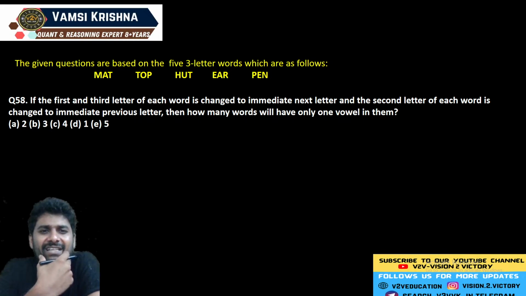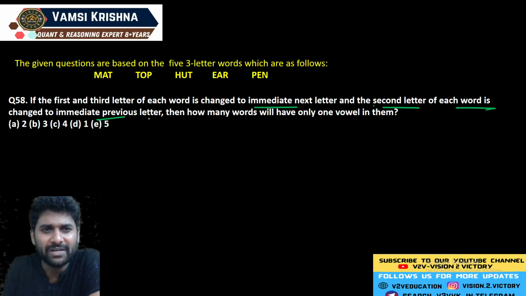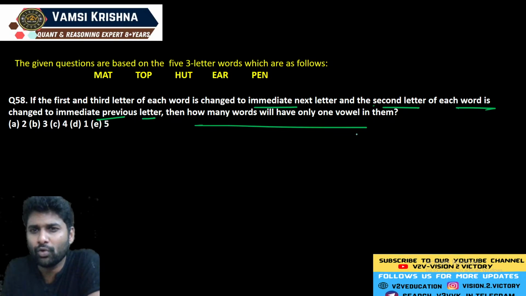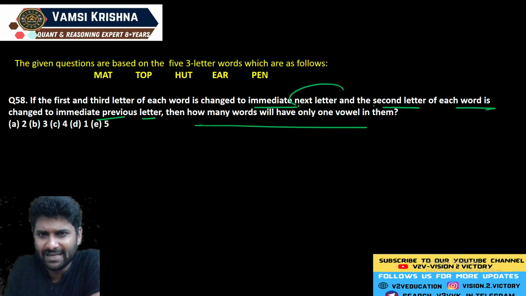Now if first and third letters of each word are changed to the immediate next letter and second letter of each word is changed into the immediate previous letter, then how many words will have only one vowel in them? Now see, first and third, immediate next letter.